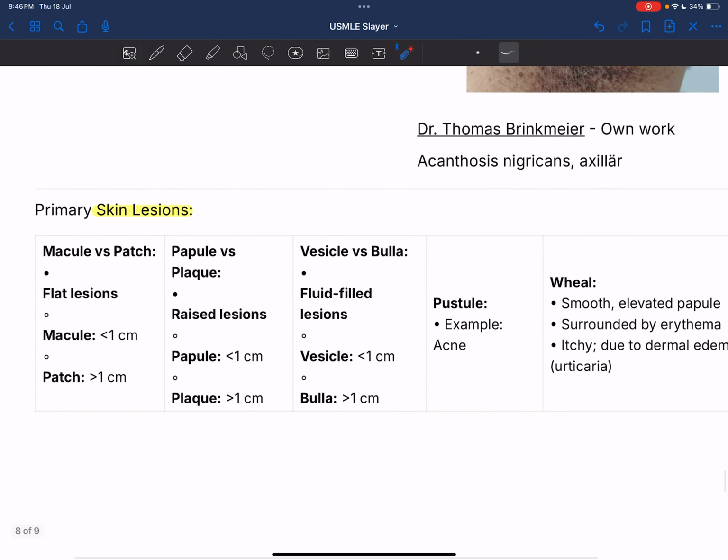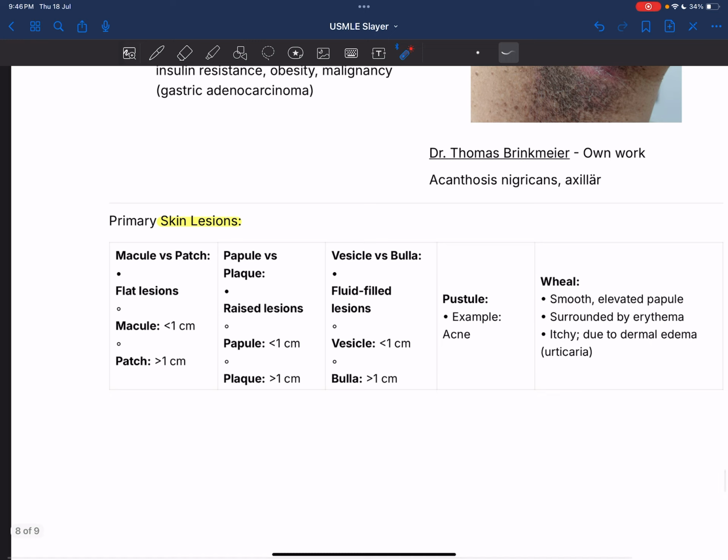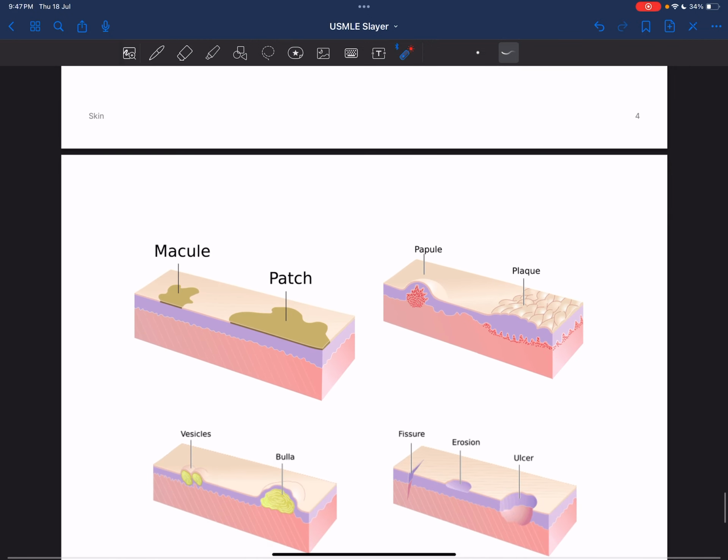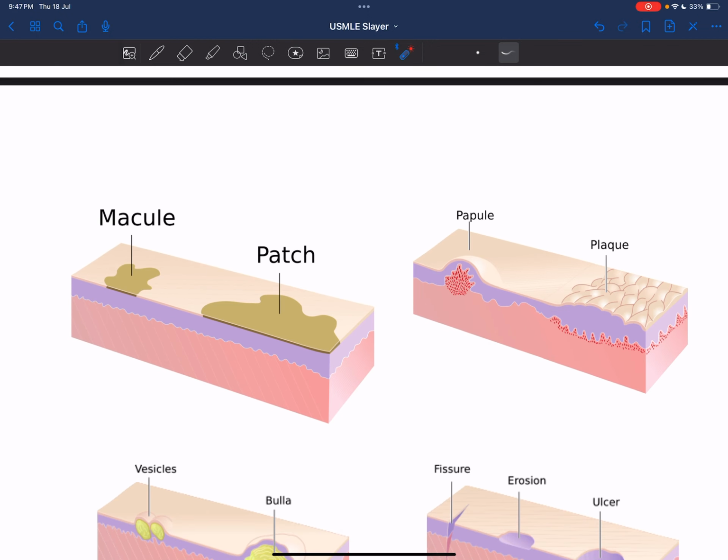There are many, and I know that this might look very overwhelming, but let's take it one step at a time, okay? Let's start here. I want you to think about it like this. We have primary skin lesions, and let's think about it in two ways.